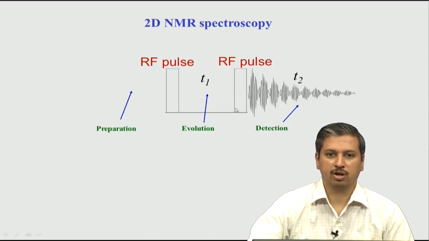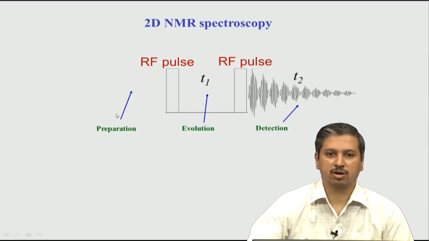Similarly, this is applied to all the spins. So, because of both the spins on both sides, we saw that there are 4 combinations. Two are called diagonal peaks, and we saw 2 will be the cross peaks, that is off diagonal. Now, let us go to more detail of how experiments are actually recorded.